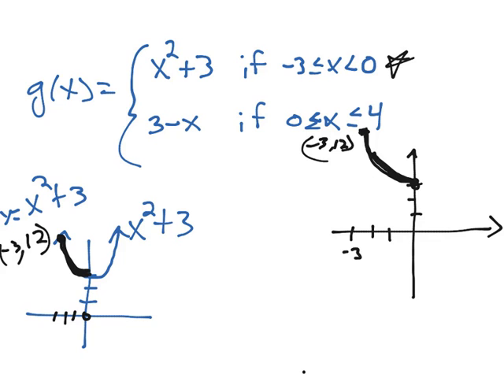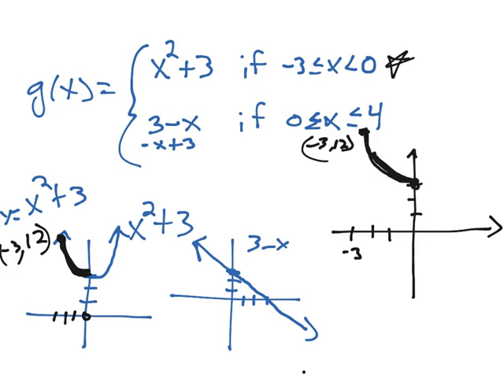And then 3 minus x, that's just, or if you prefer, negative x plus 3. Now it's in mx plus b fashion, so it has a y-intercept of positive 3, and it's going to have slope of negative 1, and it's going to have an x-intercept of 3. So there's the entire line of 3 minus x.